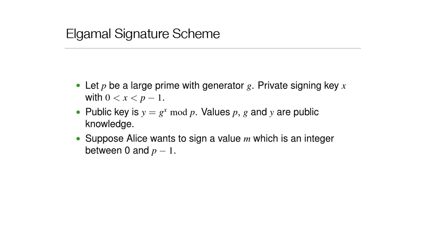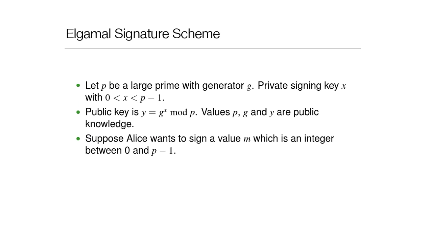So there, let P be a large prime with generator G from an integer multiplicative group. We choose a large prime number P having the generator G, and then the private signing key X is randomly chosen so that it is between 0 and P minus 1.